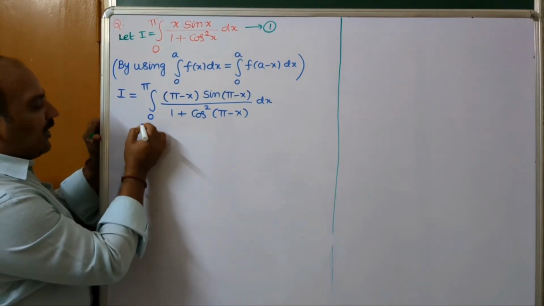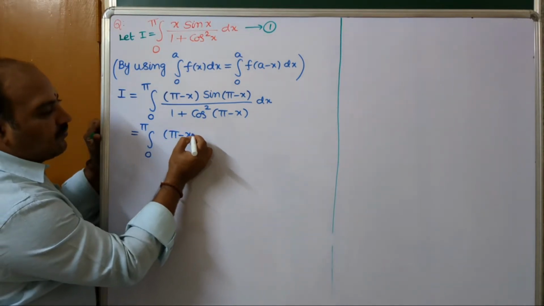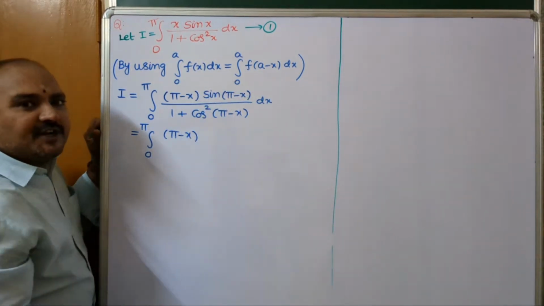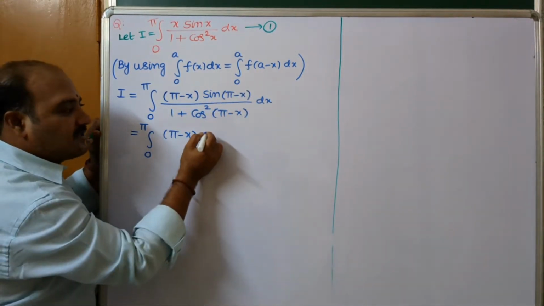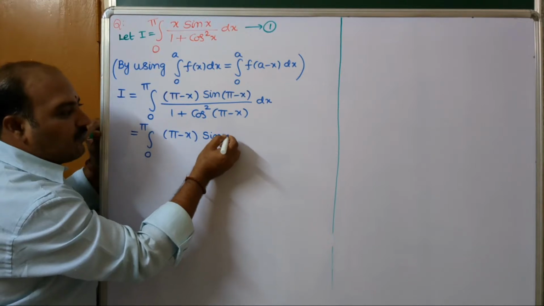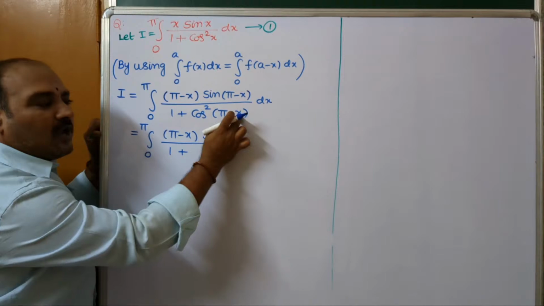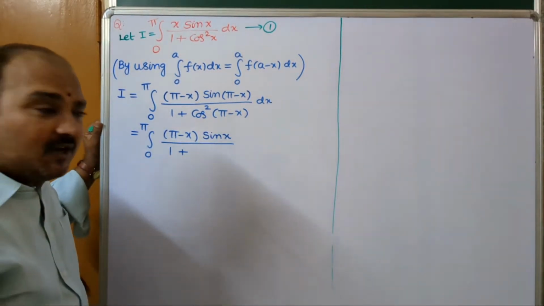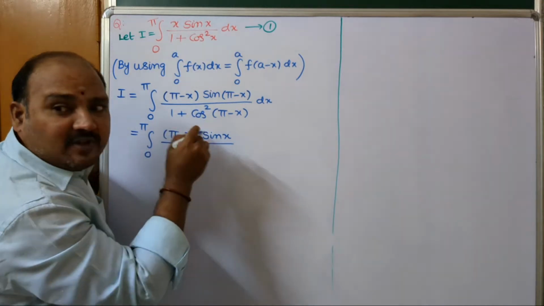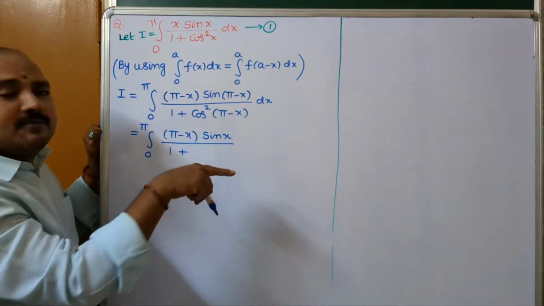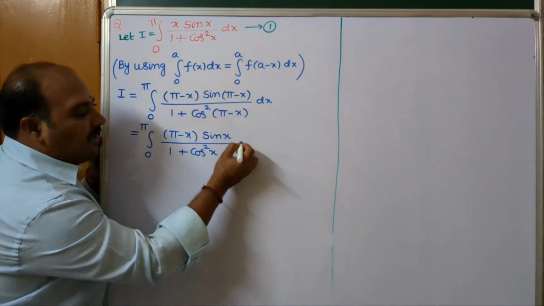Integral 0 to pi, pi minus x, sine of 180 minus theta, sine of pi minus theta is sine theta. So sine of pi minus x is sin x, divided by 1 plus cos of pi minus theta, which is minus cos theta, but the power is square here, an even number. Whenever the power is even, it becomes plus again. So cos square x into dx.